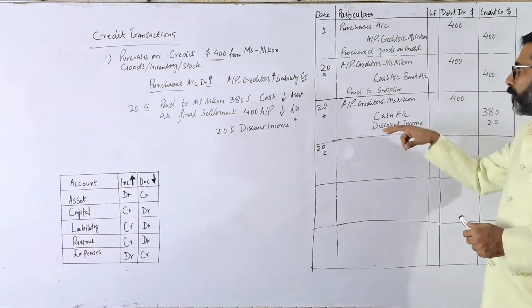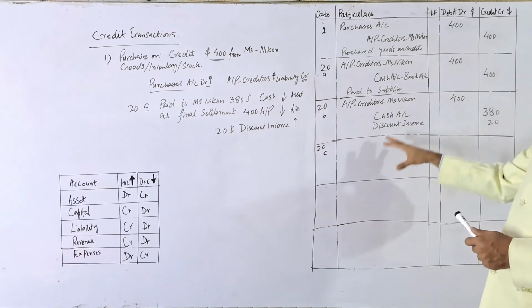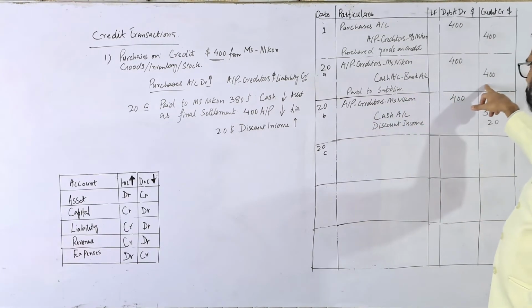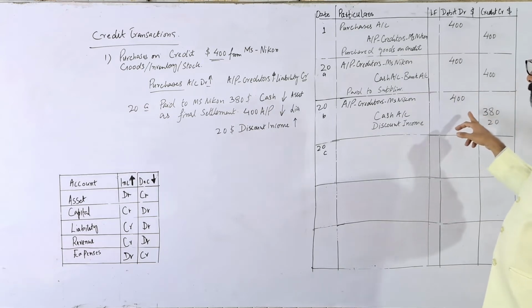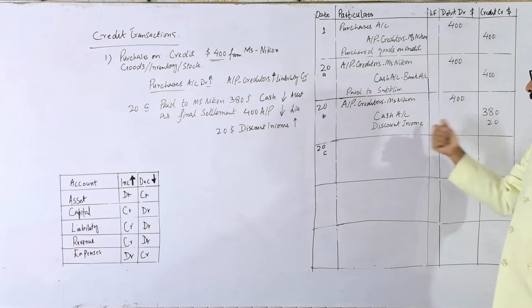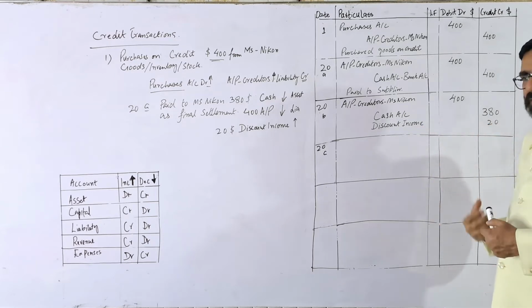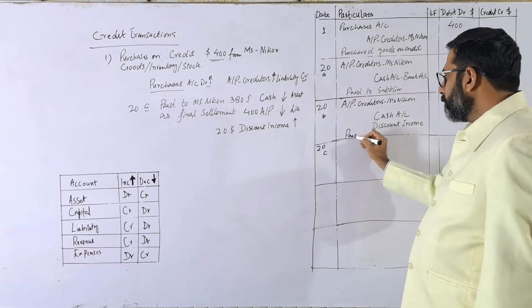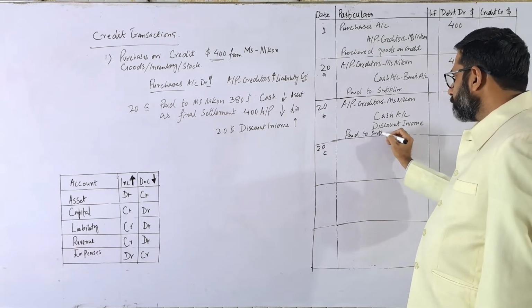In both cases the payable is debit and the cash is credit, but here the difference is only in the amount of the cash. Here $400 you are paying, and here you are paying only $380, and the discount is $20. What you are receiving is your income. So here we will also write the same narration, paid to supplier.